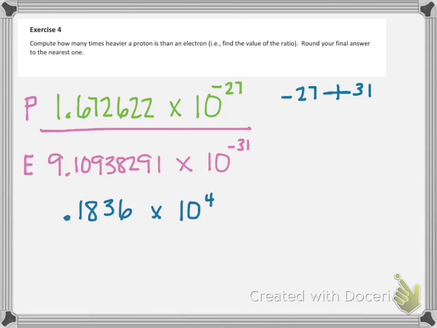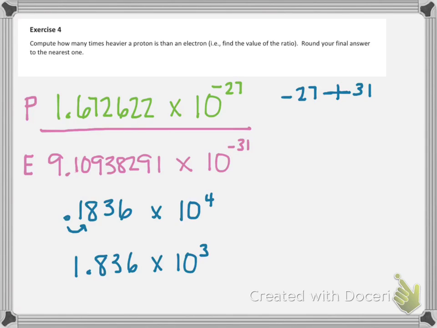And then we can rewrite this as scientific notation by moving one place to the right, and that would be 1.836 times 10. Well, I had a small number. I'm making it bigger, so my exponent has to go smaller. It has to be a little bit smaller.